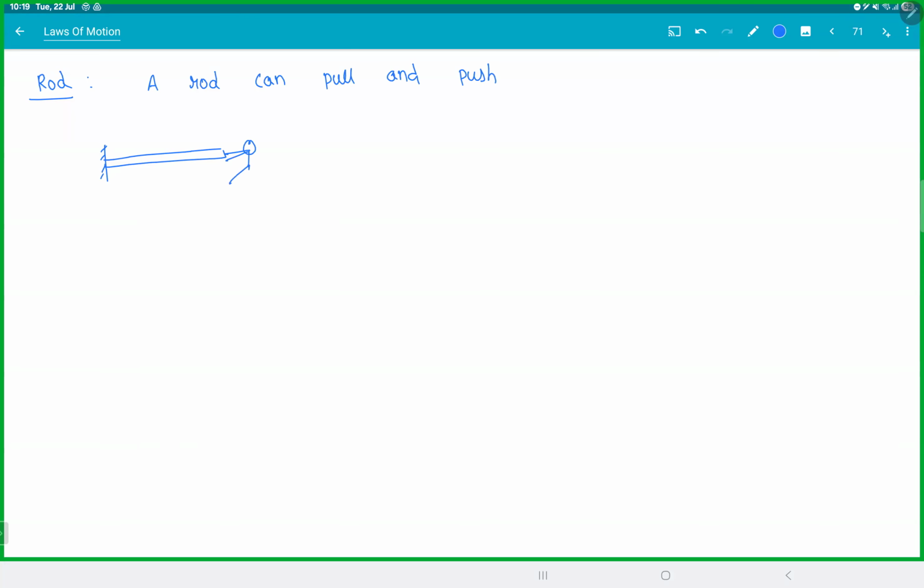So let's say you pull the rod. If you pull, the rod pulls you back. If you push, the rod will push you back. The rod is simple.